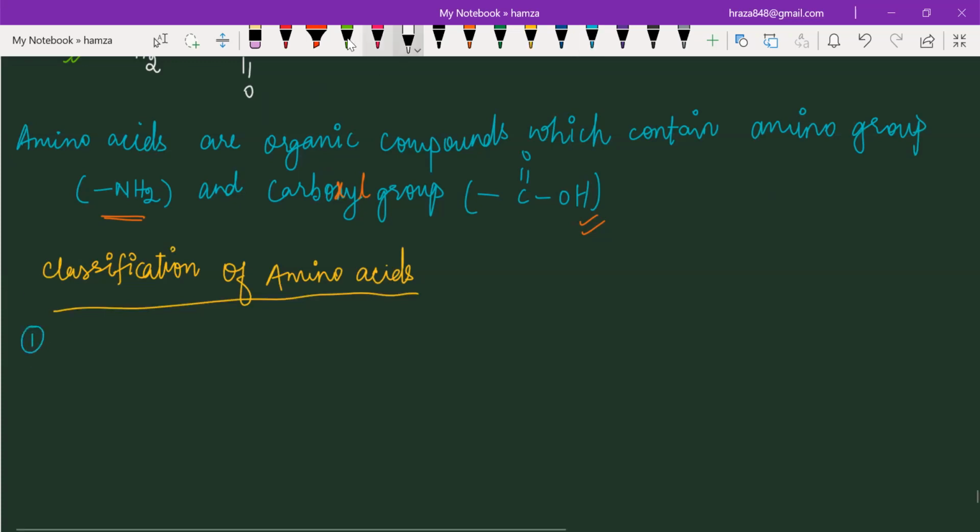Basically, the first classification is on the basis of the relative position of the amino group.